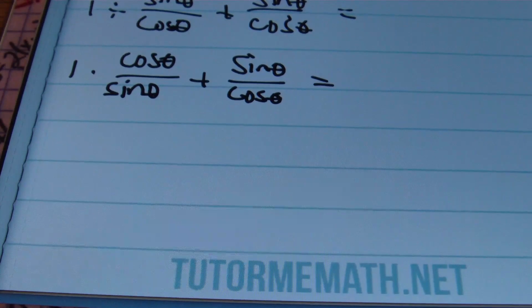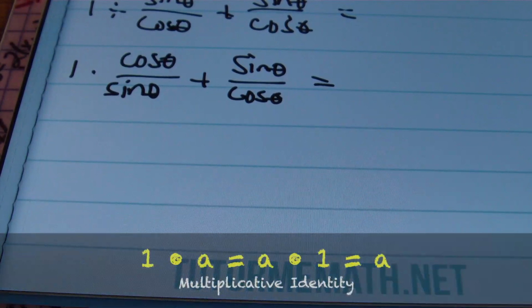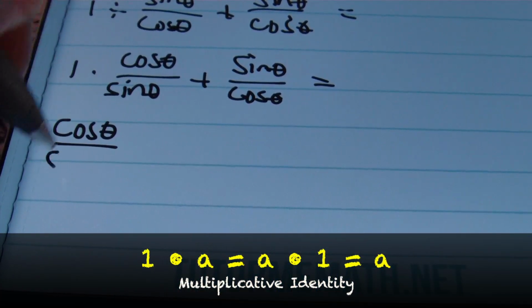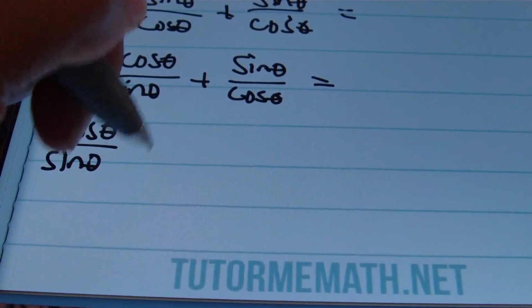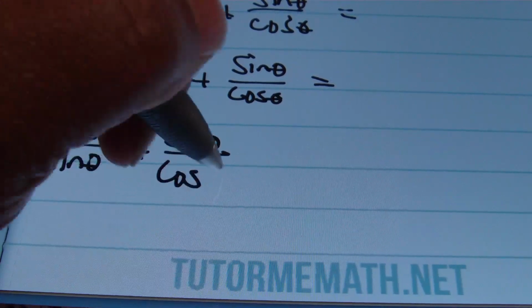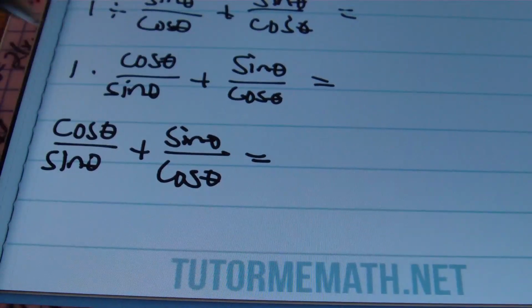So now we can just multiply that straight across. You know that 1 times anything is itself. So I just have cosine theta over sine theta plus sine theta over cosine theta. And once I have this, I'm going to get a common denominator.